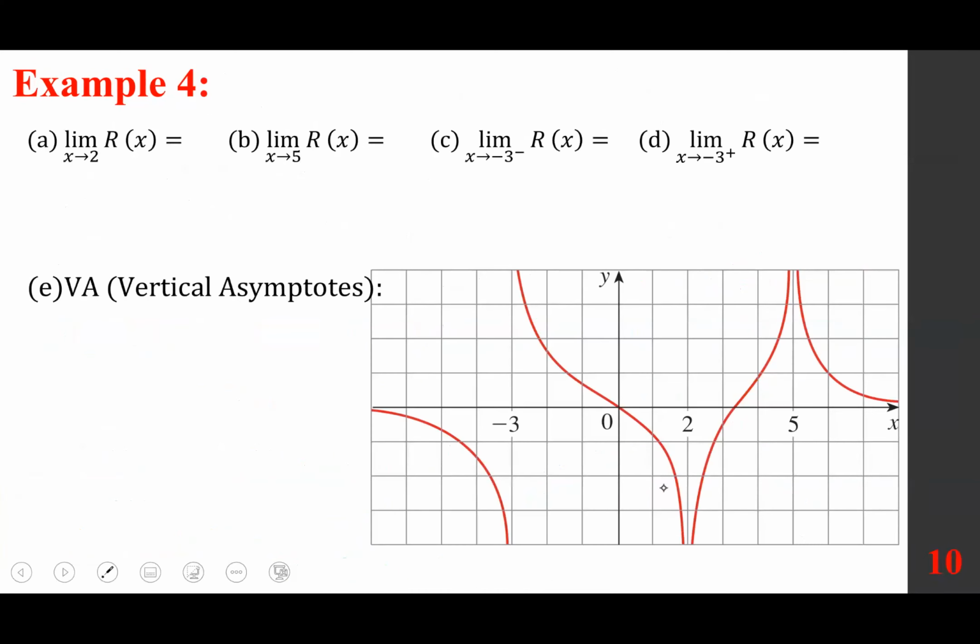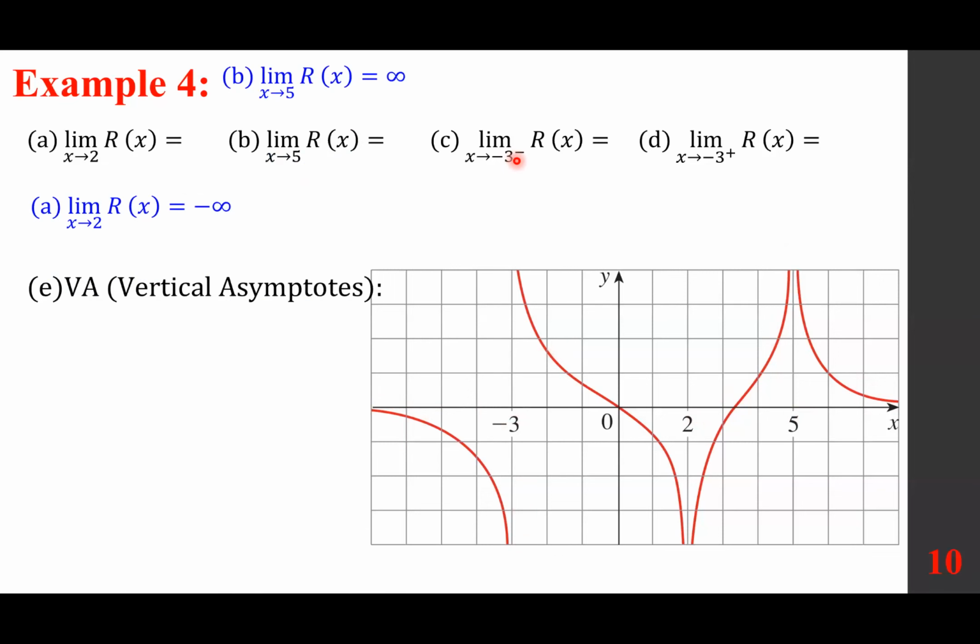In this case, the limit of r of x as x approaches 2, we look at the two along the x-axis from the left side and from the right side, both sides going down to negative infinity. When x approaches 5, both sides of number 5 blow up to positive infinity. But when it comes to negative 3, it depends on the side.